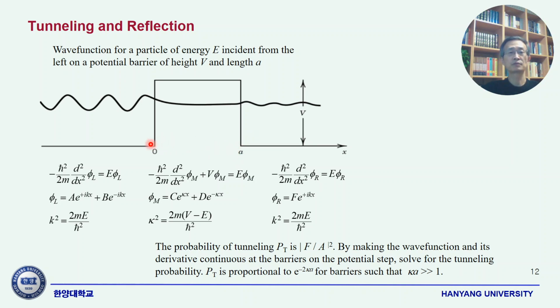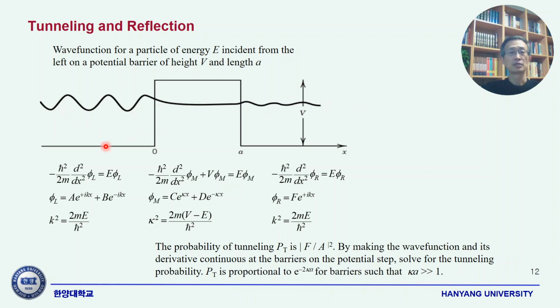Your potential barrier begins from x equals 0 and ends at x equals a. This is still a one-dimensional problem, so the particle only travels in the x direction.